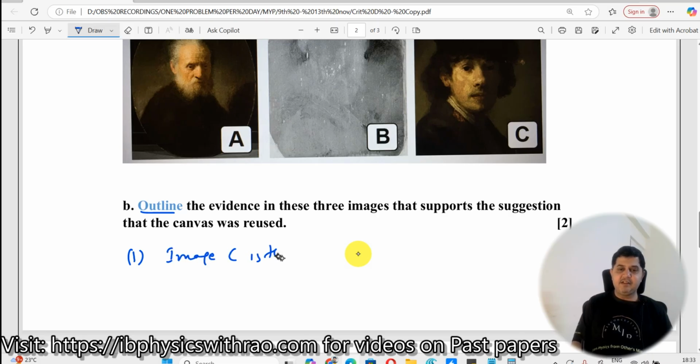You can say image C is the final surface painting.